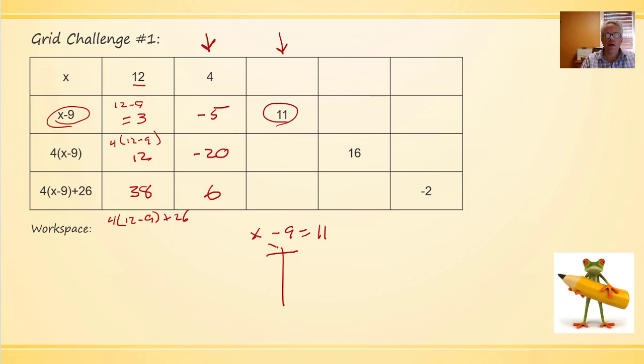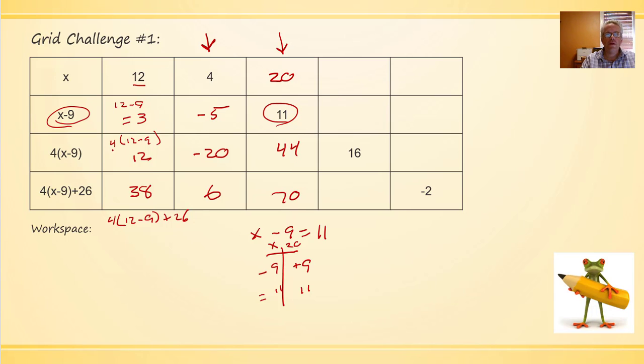So I got x, I'm subtracting 9, and we're ending up with 11. So we're going to do 11 plus 9, and we get 20. x is 20. And now that I know what x is, I can evaluate the other expressions. And if you do that, you get 44 and 70 for these two.